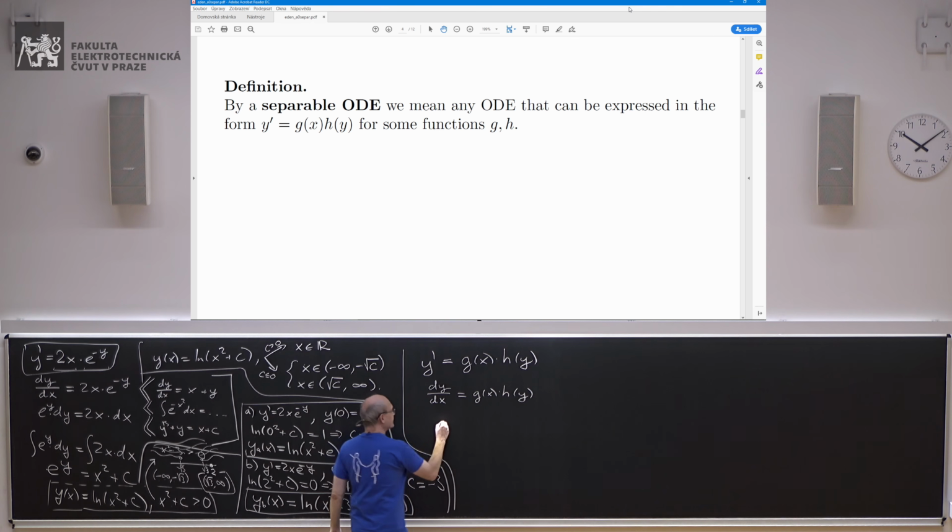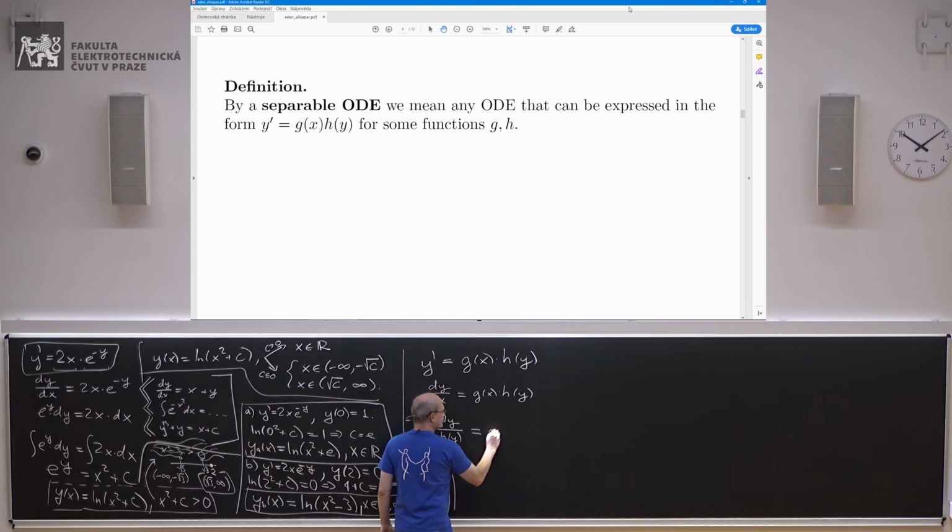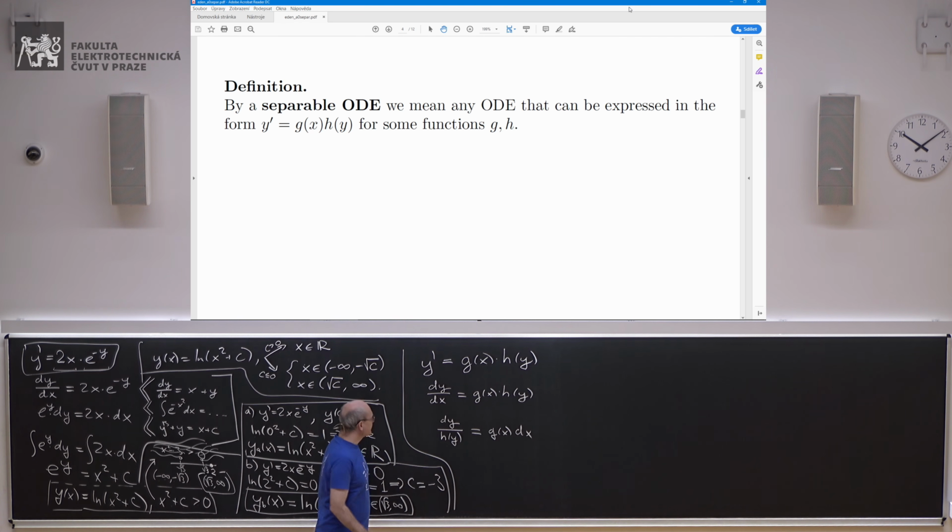And we ended up with something like that: dy over h(y) is equal to g(x) dx. And then we attach the integral signs, and now it looks okay. At least at first glance, nobody can see any mathematical crime here.